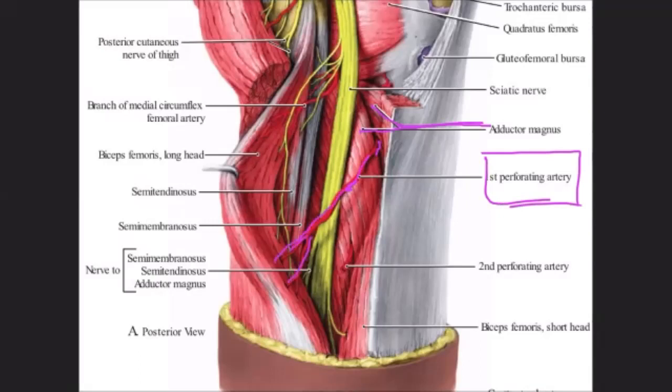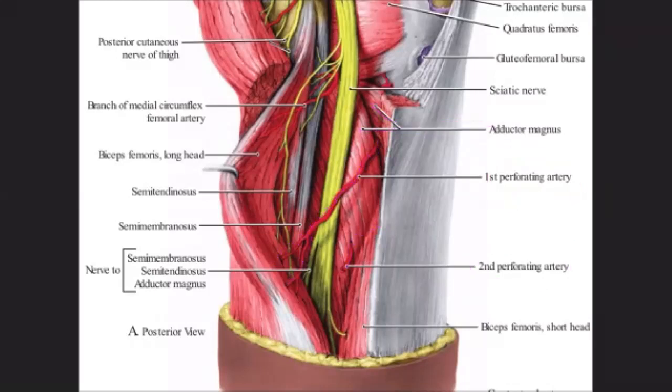Okay, biceps femoris. Here we see the second perforator. You see, it is again piercing the adductor magnus. Hope you are getting it.